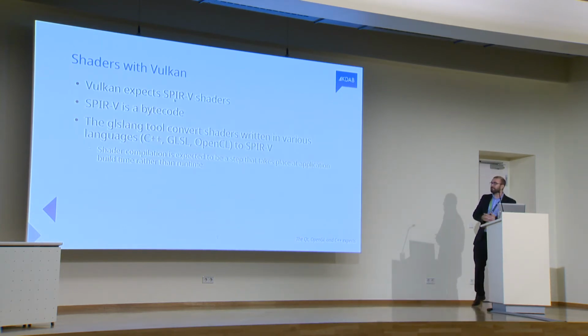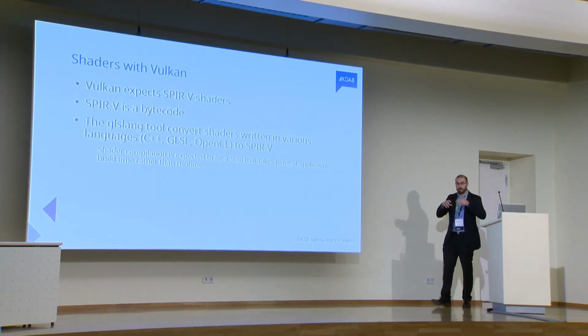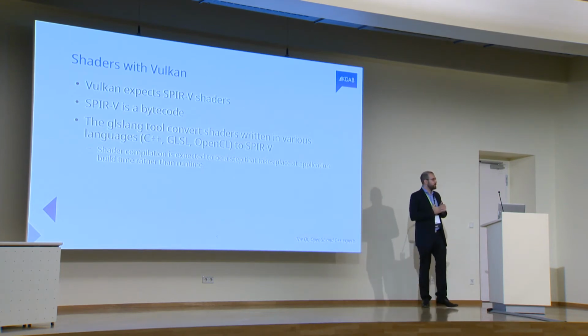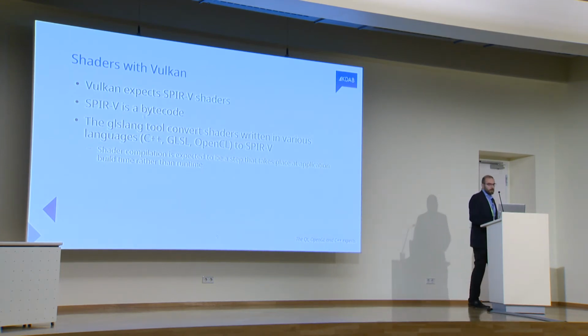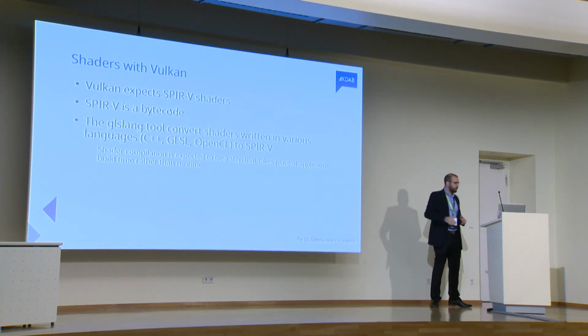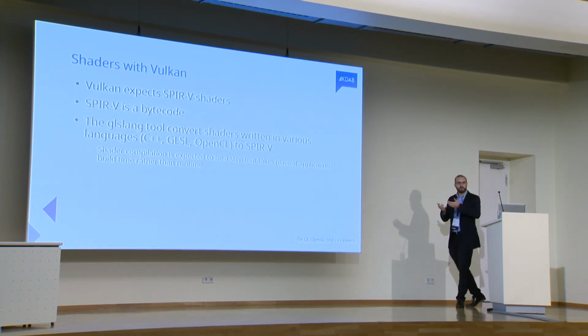Now, let's quickly talk about Vulkan, and I suspect it's the case with other modern graphics APIs, that they don't expect you to provide the shader code as GLSL or actual programming code. They expect you to provide the shader code as precompiled bytecode. In the case of Vulkan, that's called SPIR-V. And that means we're not compiling shaders at runtime anymore.